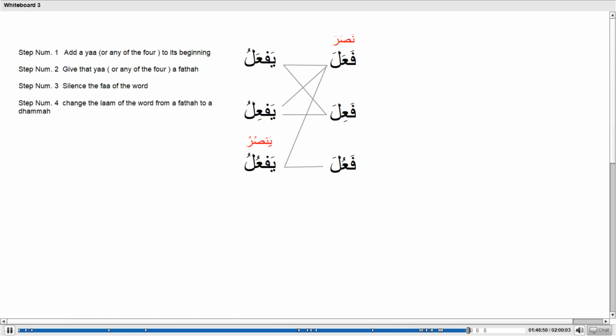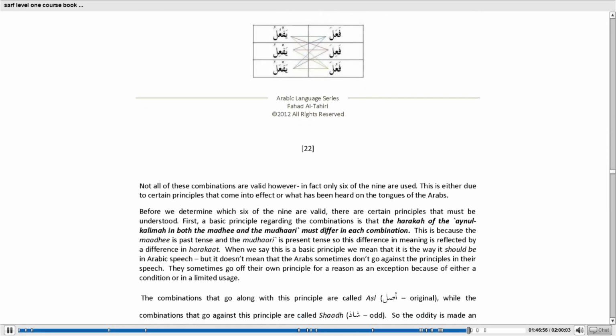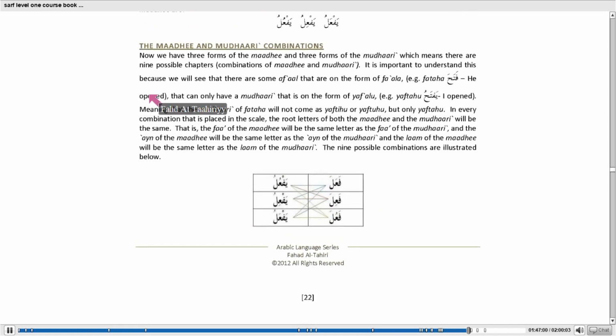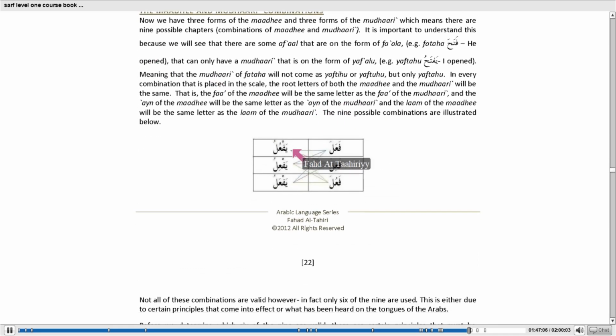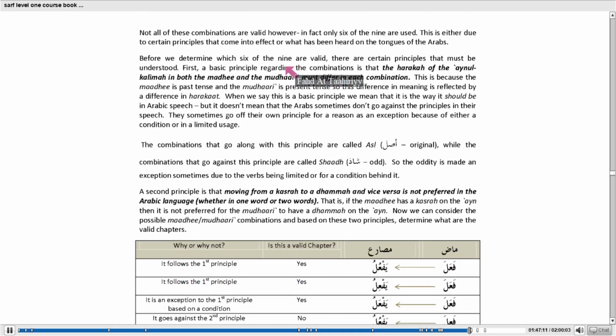Okay, now let's go back inshallah. So basically what was left is only 9, and if you want to find out why from 9 they chose 6, they spoke and used only 6, refer back to the book inshallah here in those pages and you shall find the answer.